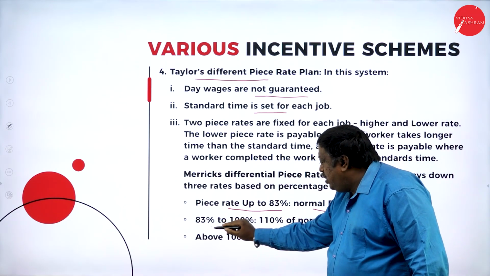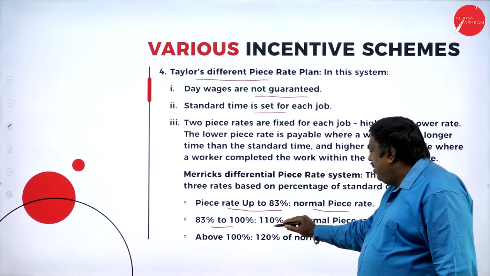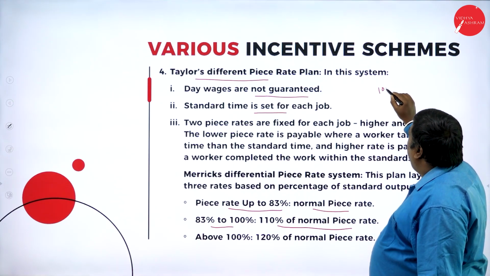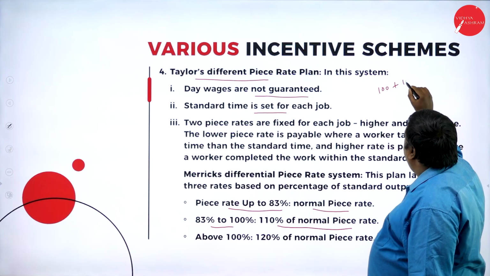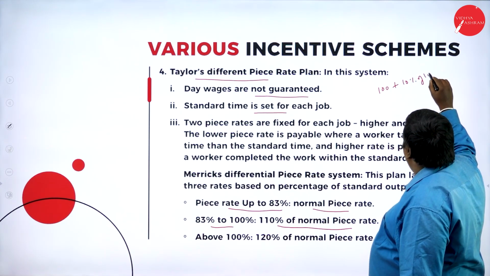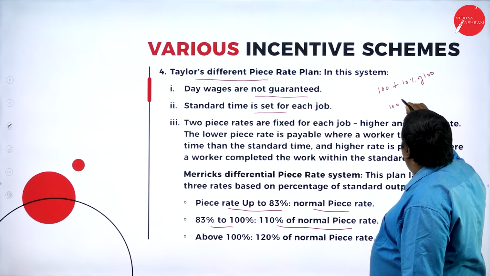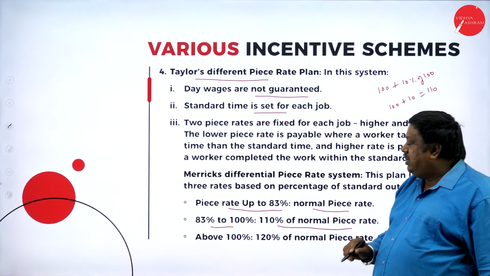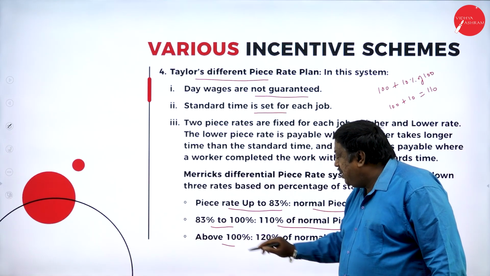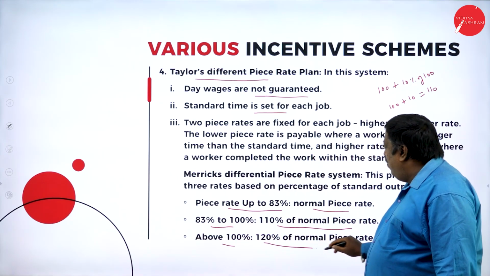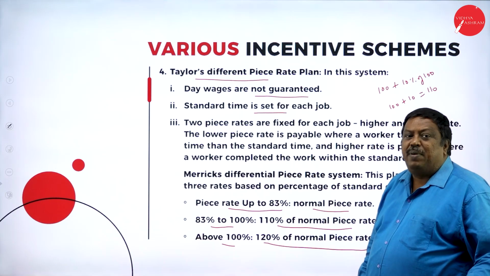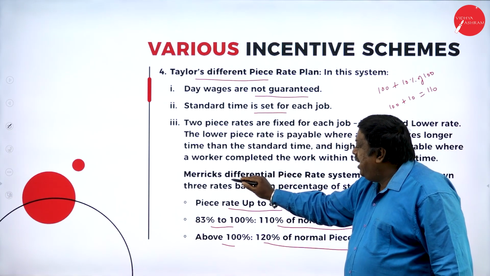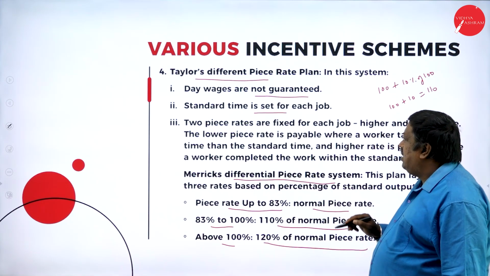From 83% to 100%, he will be getting 110% of normal base. Means if wages is 100 plus 10% of 100, so 110 will be given to the person. If it is above 100% capacity, he will be getting 120% of normal base rate. So this is the condition under Merrick's differential piece rate system.